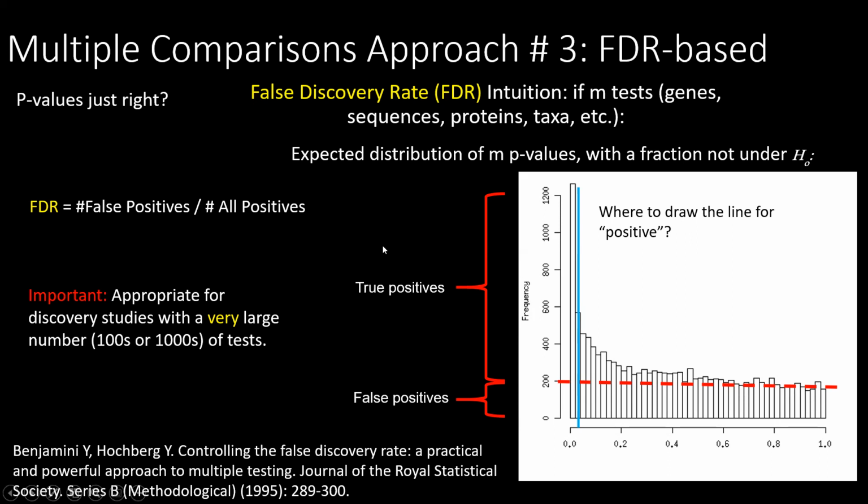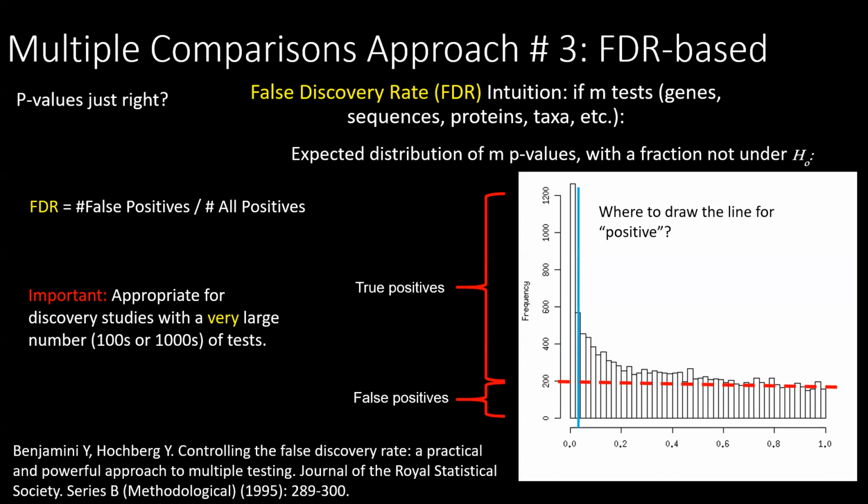And so the definition of the false discovery rate is the number of false positives, so where you draw that blue line will control that, divided by all positives, which again is where you would draw that blue line. And so the question is, well, where do you put that blue line in such a way that you can make the false discovery rate smaller than some sort of threshold?